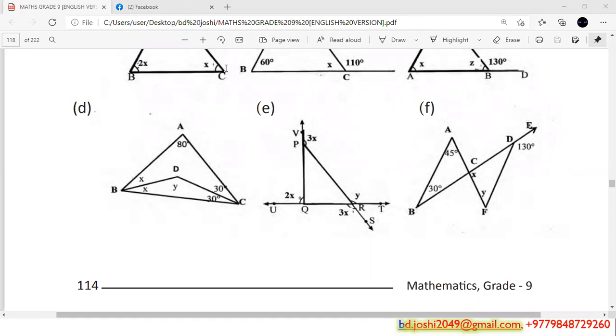Next, 2x plus p is equal to 90 degrees. 3x plus angle QPR is equal to 180 degrees.